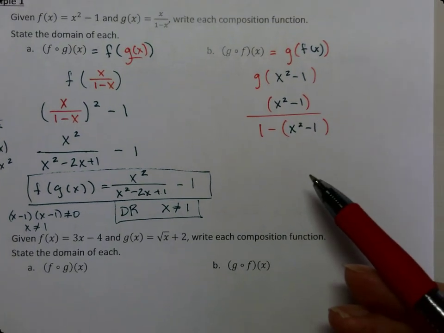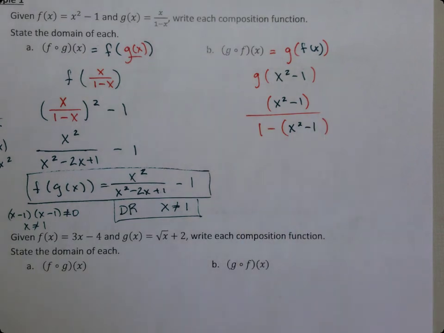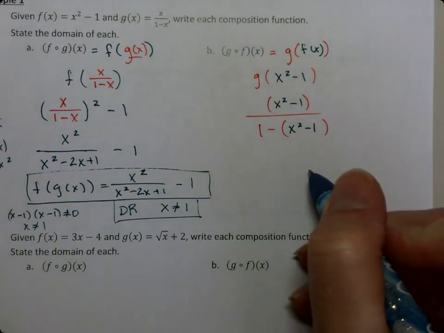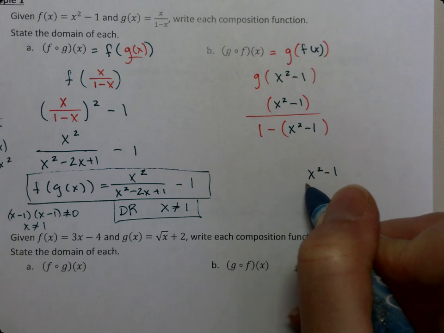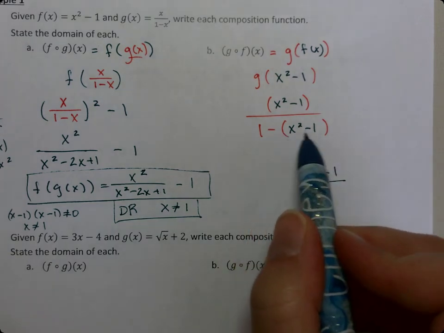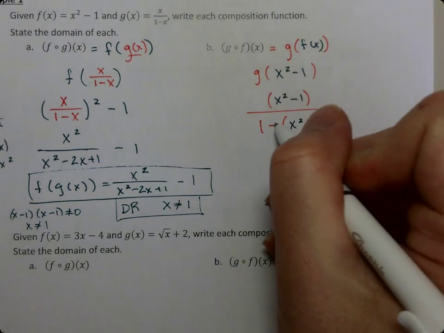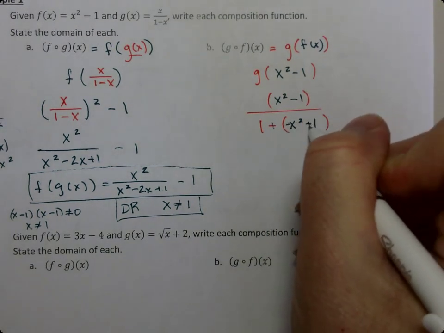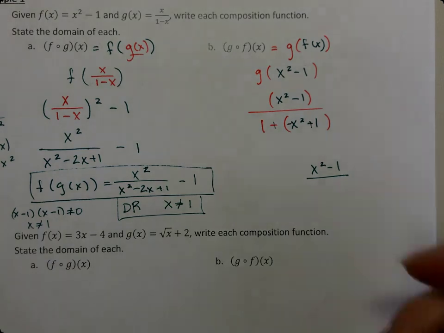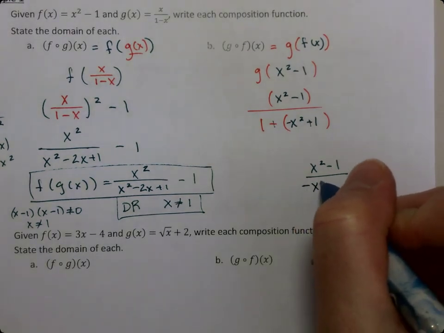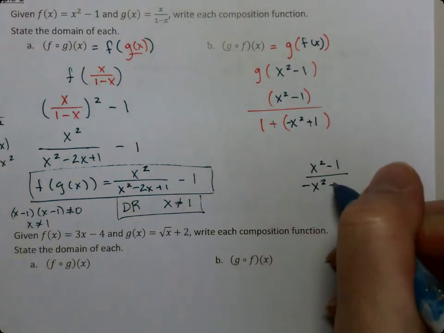Okay, so the top, I don't really need the parentheses there. The top is simply x squared minus 1. What do I need? Well, these parentheses are here, so I should be distributing this negative sign, right? Addition of the opposite, and my denominator would end up being negative x squared plus 2.